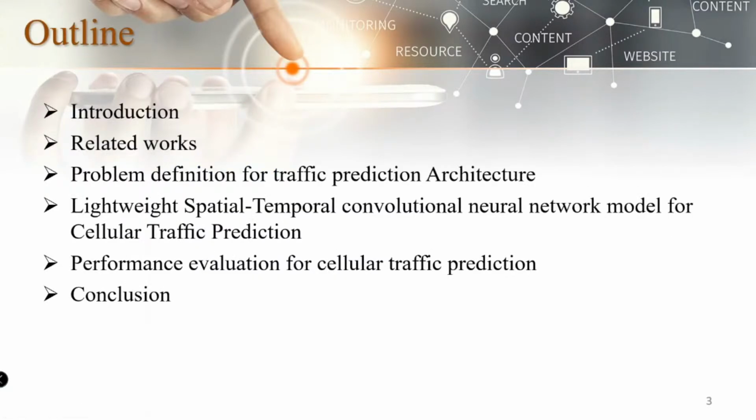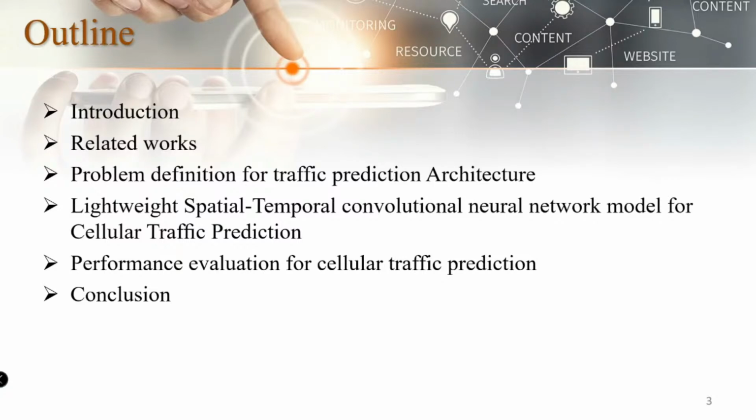Okay, I would like to divide my talk into 6 sessions. First of all, I would like to introduce why traffic prediction problems need to use a lightweight deep learning model and what the benefits are. In session 2, I would like to introduce the current study of cellular traffic prediction, which is based on deep learning.